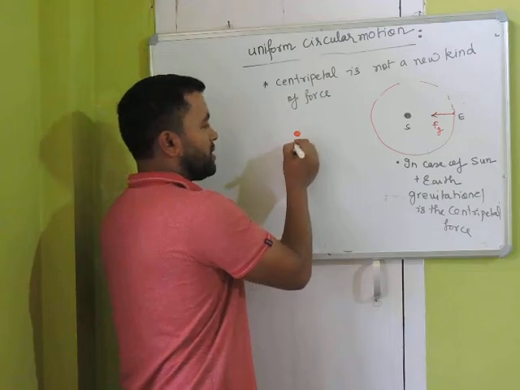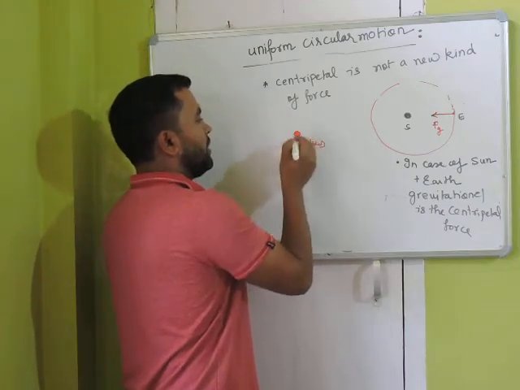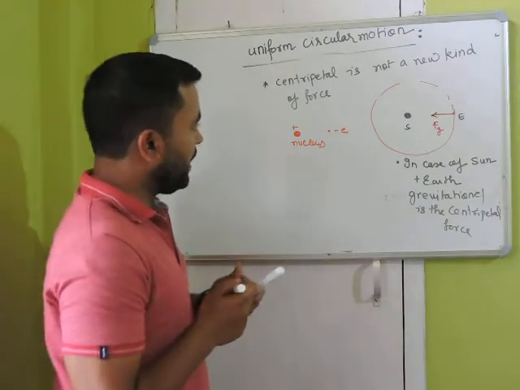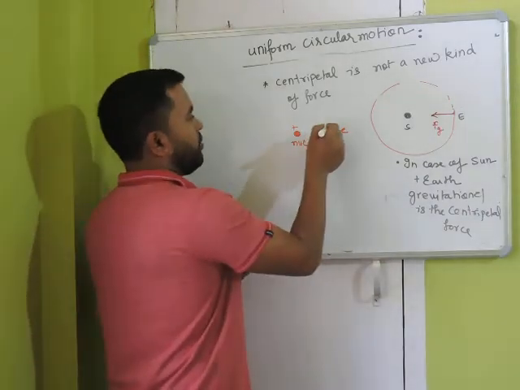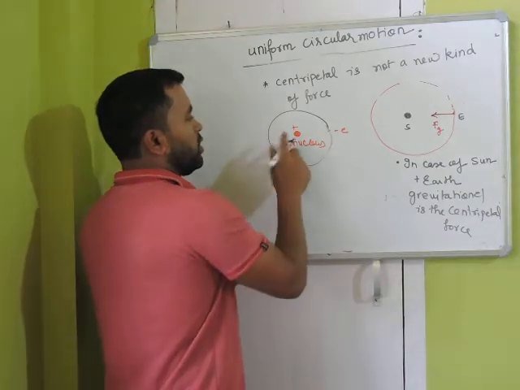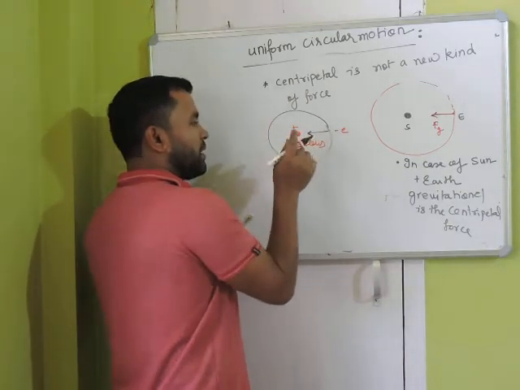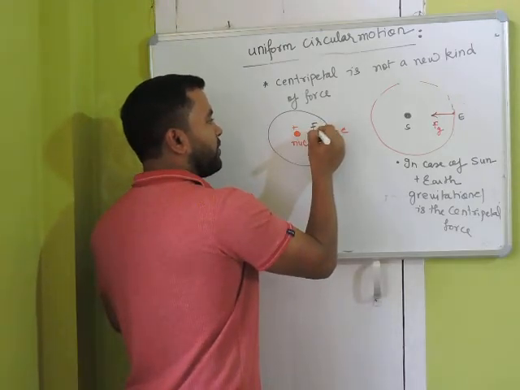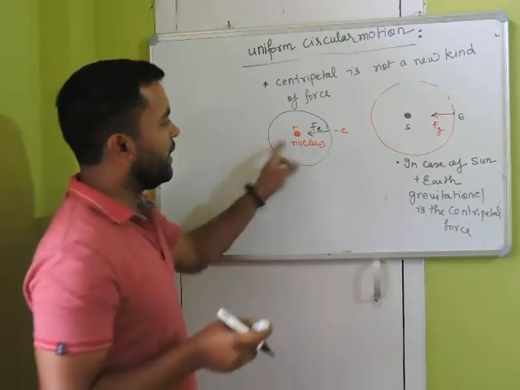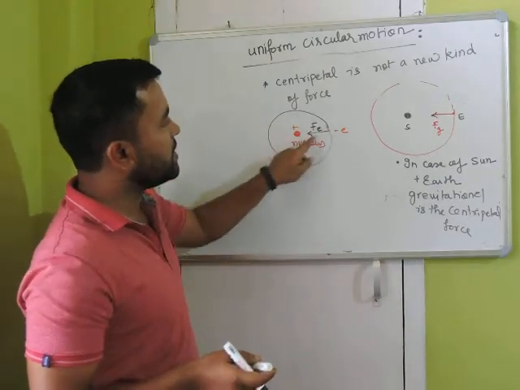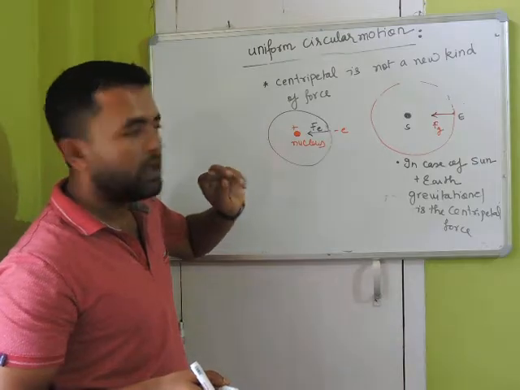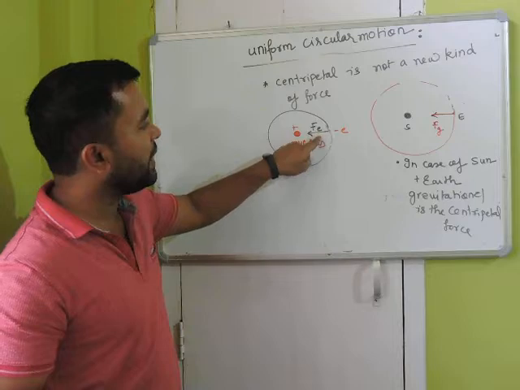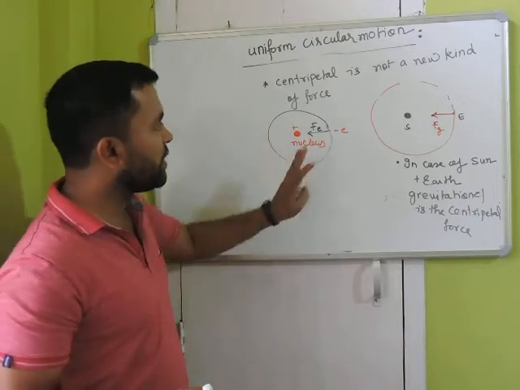We have a nucleus, right? Nucleus is positive charge, electron is negative charge. Again we know that positive and negative attract, so there is an electric force of attraction on the electron. I am writing Fe. This is the electric force of attraction, and this is the centripetal force. So in this case gravitational force is the centripetal force, in this case electric force is the centripetal force.